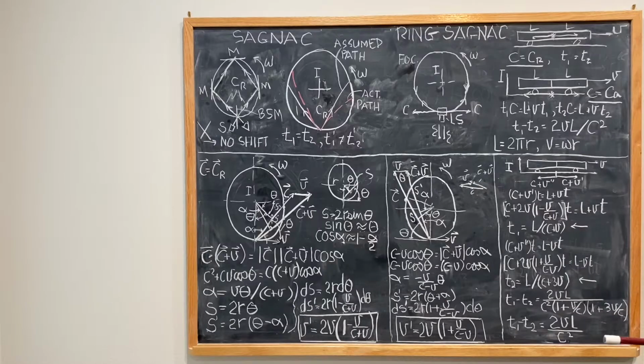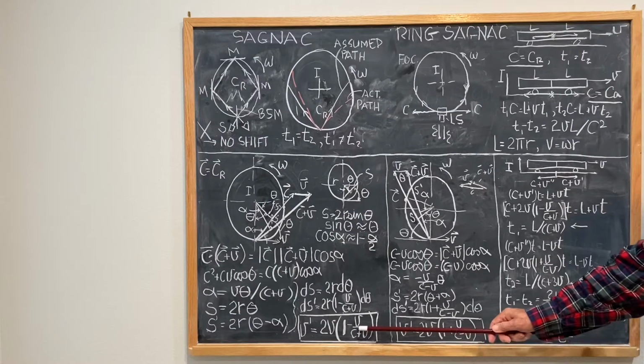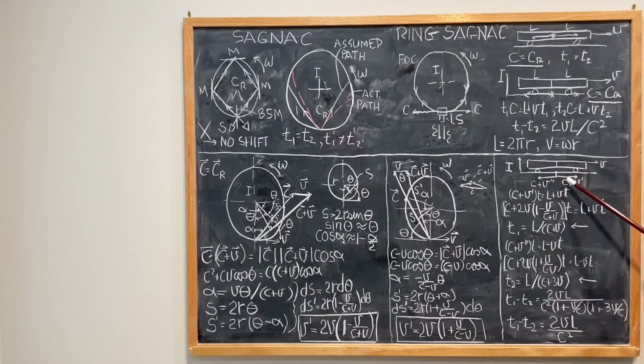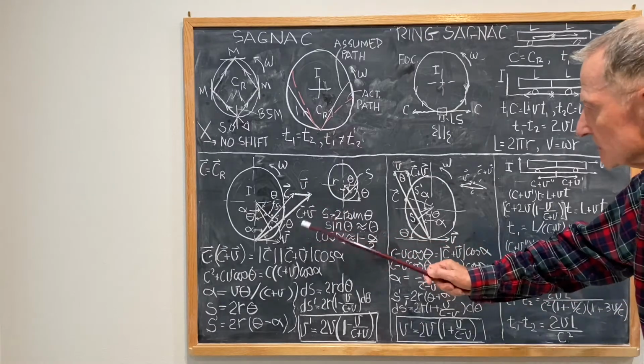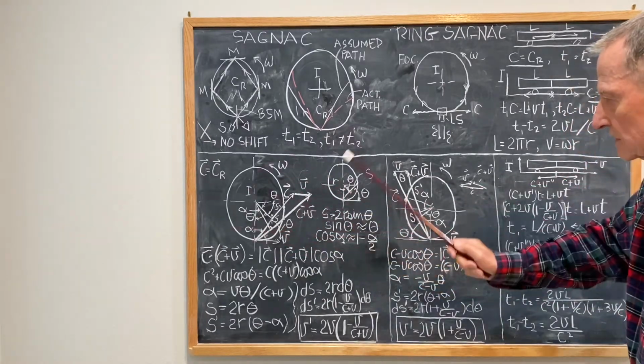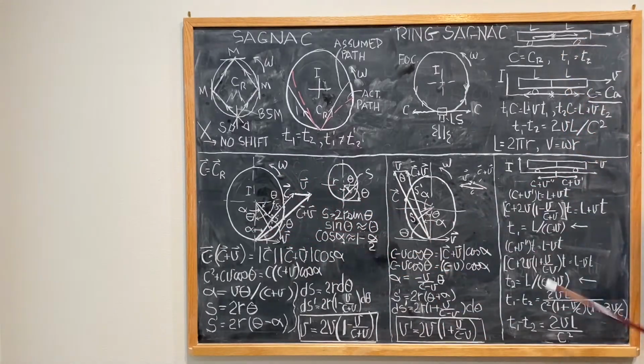And now we're almost home. In this case, v prime is this term here, because c plus v prime is moving in the direction of v, and c and v are in the same direction.